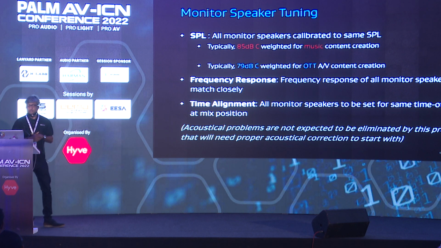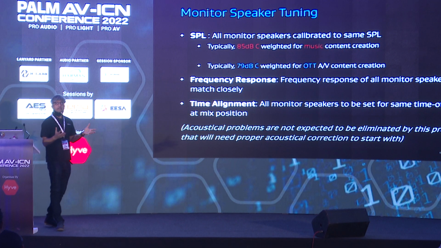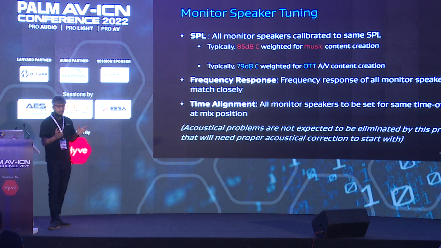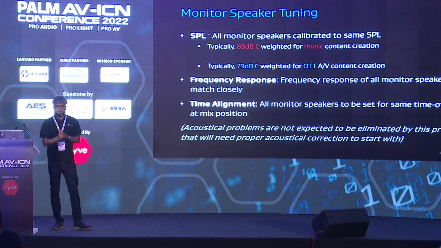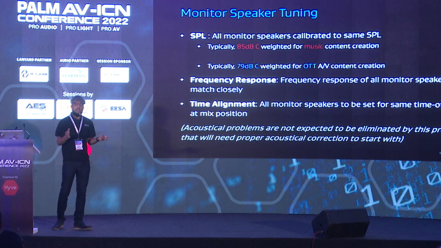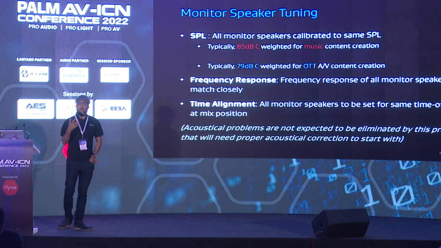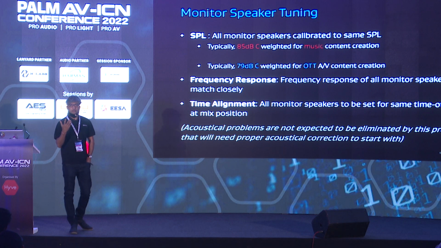So this is important. If you are engaged in creating content for OTT, that is AV content work, then you do not necessarily need to monitor at 85 dB C in a near field environment, because in small rooms, 85 dB C is actually pretty loud, and you cannot mix for long hours at that loud SPL.